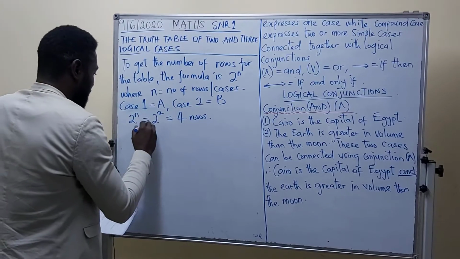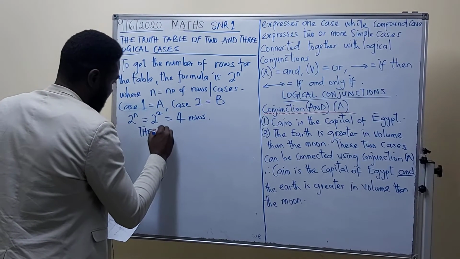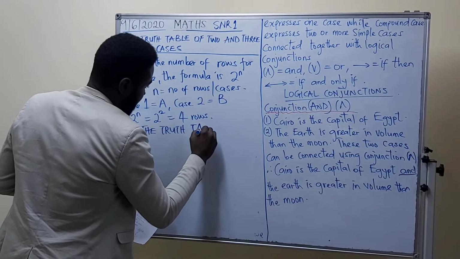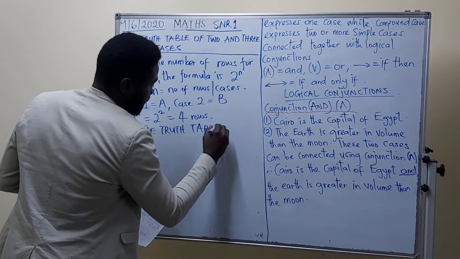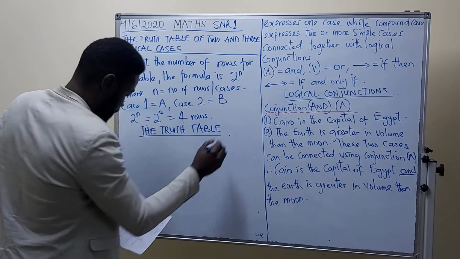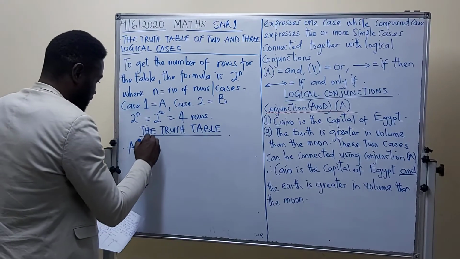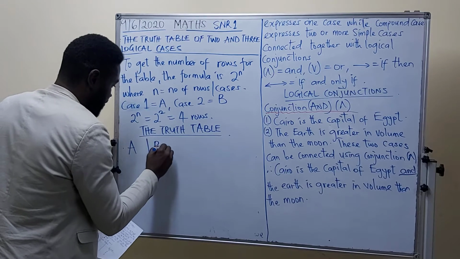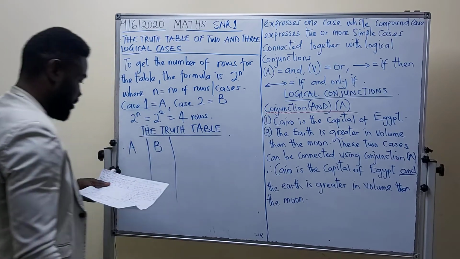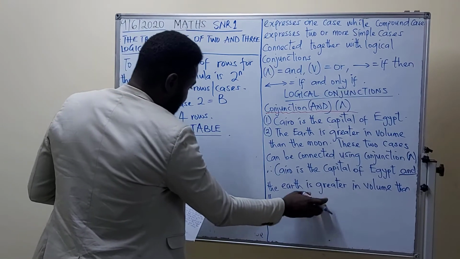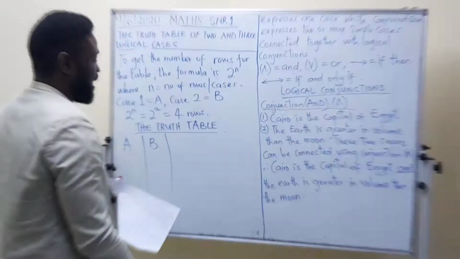Don't forget, in the last class I told you this table is always called the truth table. So, for the cases A and B, don't forget we are using conjunction "and".